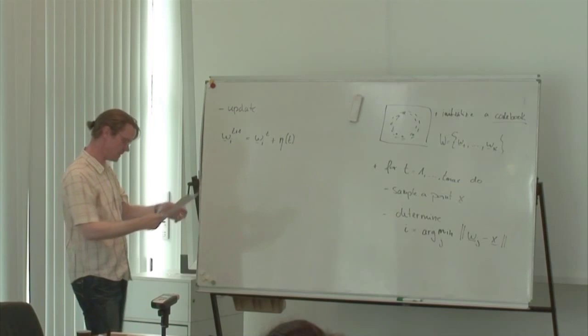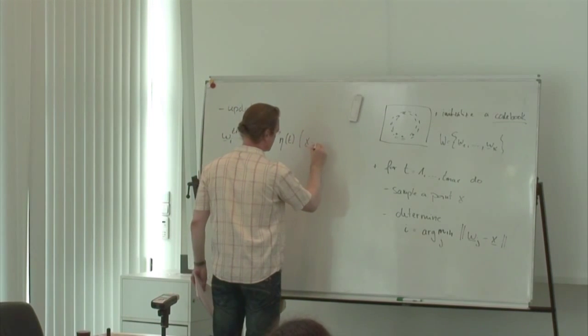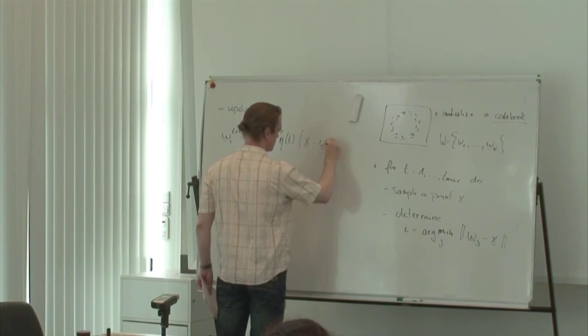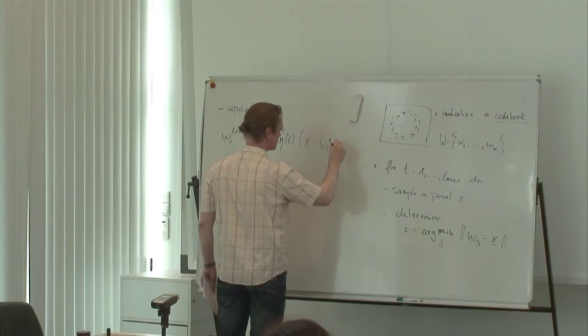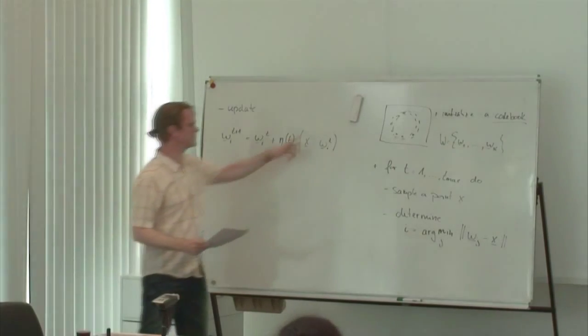So it's eta of t times the vector from w to this vector x.